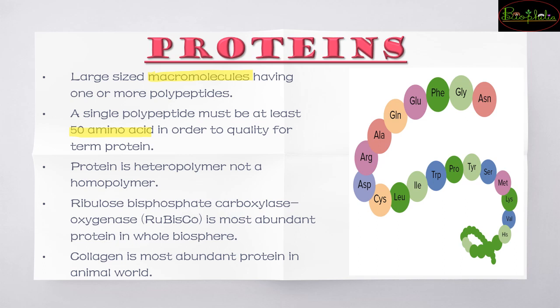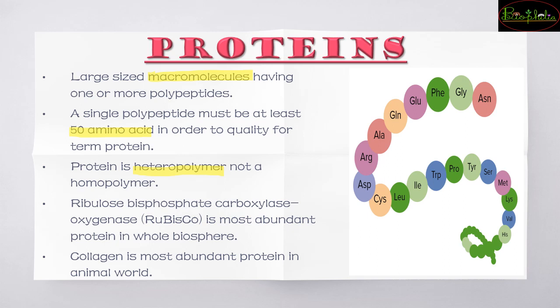So proteins जो हो सकते हैं, it can be a heteropolymer and it is never a homopolymer. जैसे हमने कार्बोहाइड्रेट्स में पॉलीसैकेराइड्स किया, तो पॉलीसैकेराइड्स में we had seen that there can be a homopolysaccharide or a heteropolysaccharide. So here in this case, proteins are never going to be a homopolymer. These are always made up of different amino acids together to form a heteropolymer called as protein.